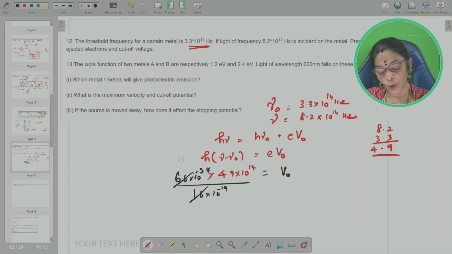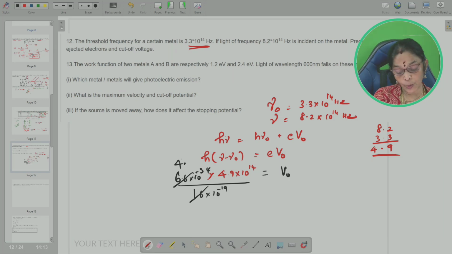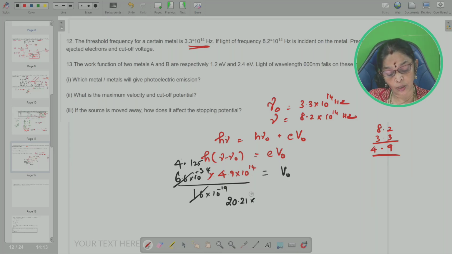So 6.6 divided by 1.6, I am getting 4.125 into 4.9. So that is equal to 20.21 into 10 power minus 34 plus 19, so minus 1. Or I can write 2.021 volts, that is equal to V naught.